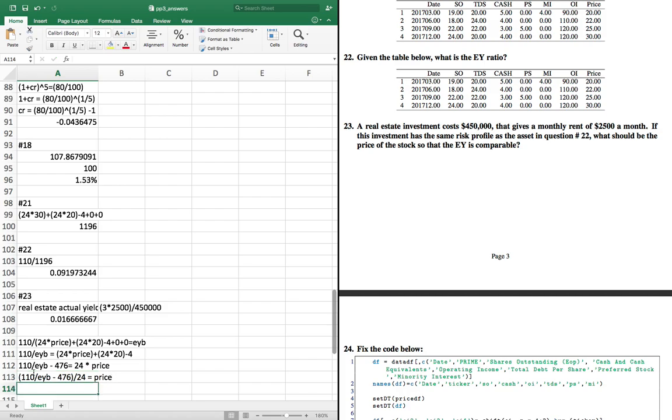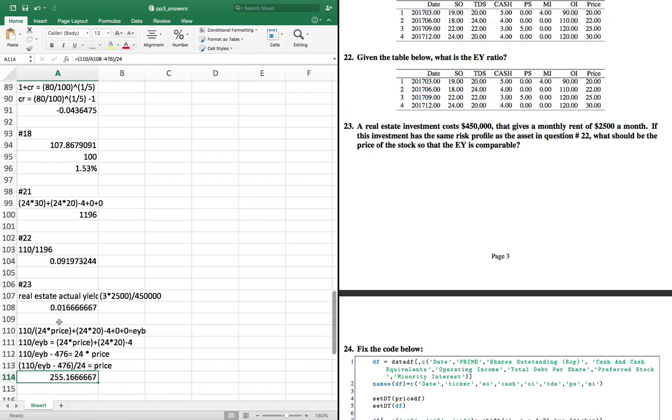It's going to give me my fair price according to the earnings yield. So what is that? That is going to equal 110 divided by this number right here, minus 476, divided by 24.